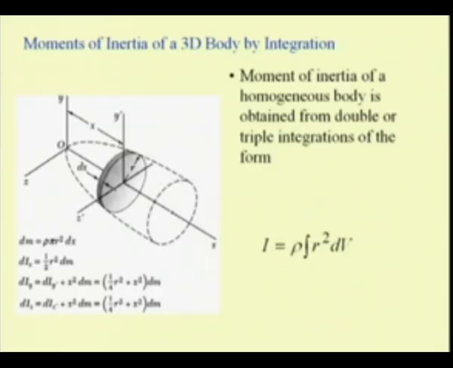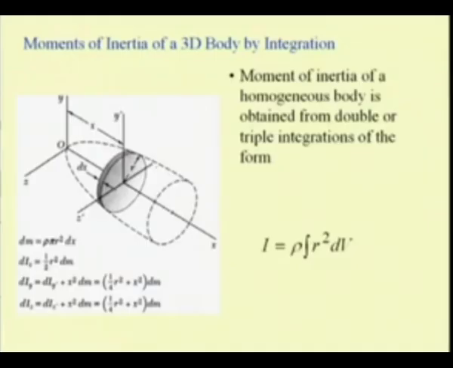So, it is possible to constitute a thin disc as the elemental volume for the integration. So, we can consider the mass of this thin plate and the second moment of this small disc element, and then integrate the same in order to obtain the second moment of the mass of this complete object with respect to any given axis.